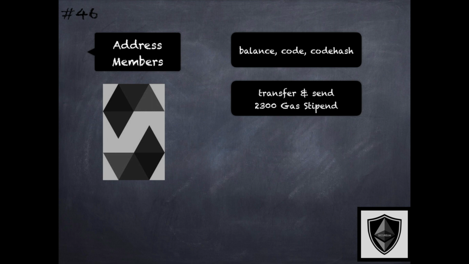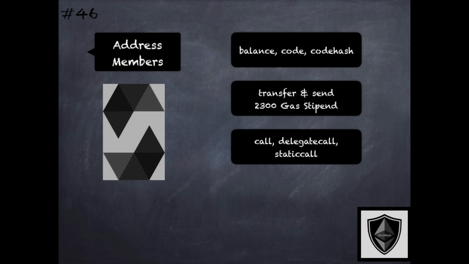There are also members of call, delegatecall, and staticcall that can be applied on address types. These are really used to make low-level calls to the specific address that is specified.